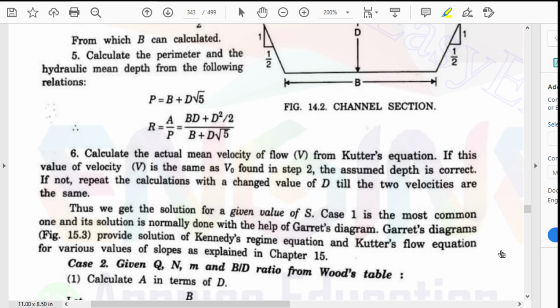Okay, this equation is Kutter's equation. Now from this you have to find out Chezy's constant, and by using Chezy's constant you have to find out the velocity. Okay, now after this the very important step is there.